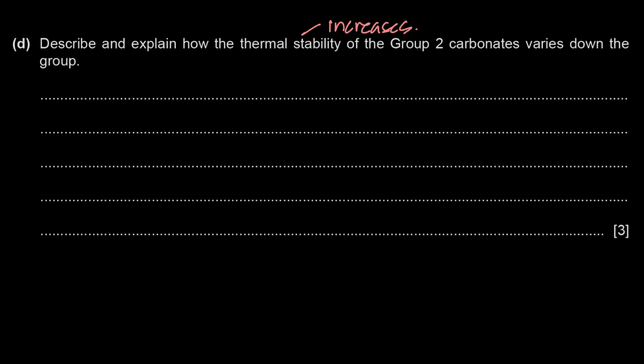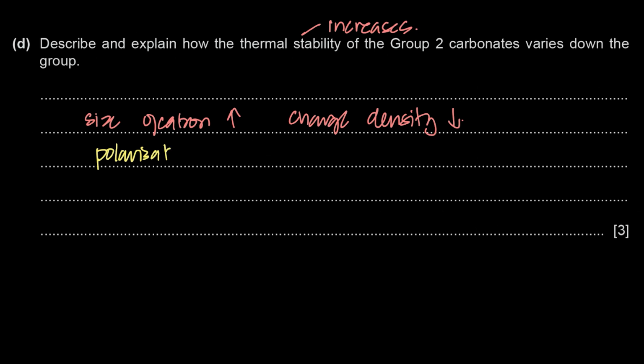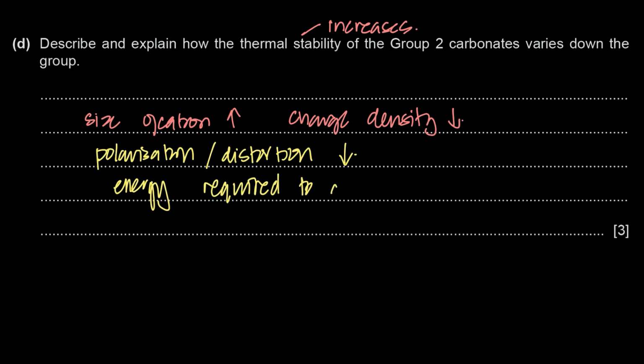Because the size of the cation increases, charge density decreases, so polarization or distortion decreases, meaning the energy required to decompose increases. Therefore, thermal stability increases. All right.